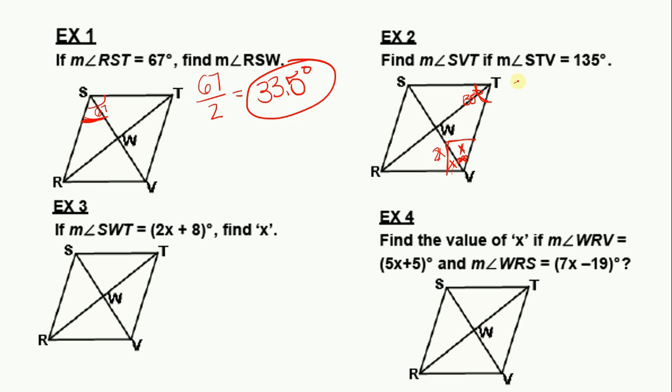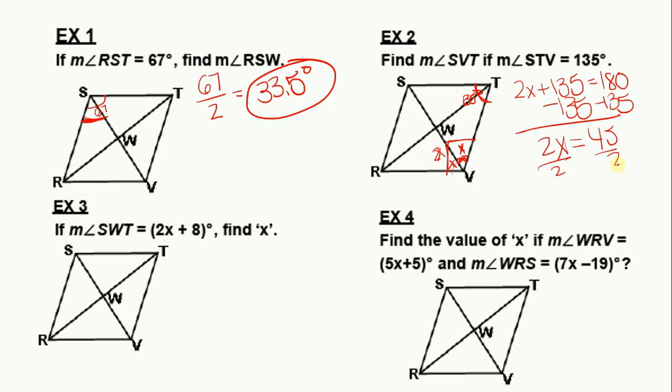So I know that 2x plus 135 has to equal 180. Let's go ahead and solve. Let's subtract 135, and I get 45. Divide by 2. So I get x equals 22.5.